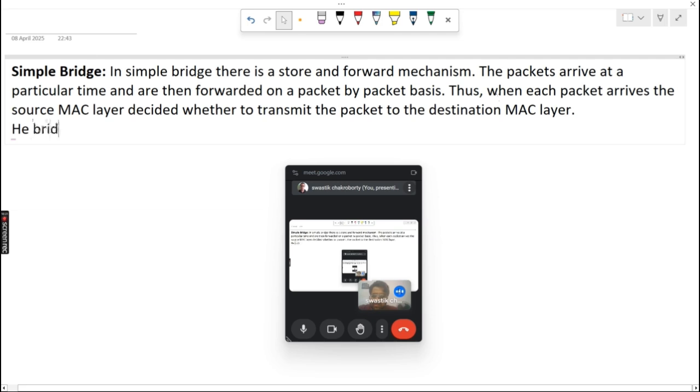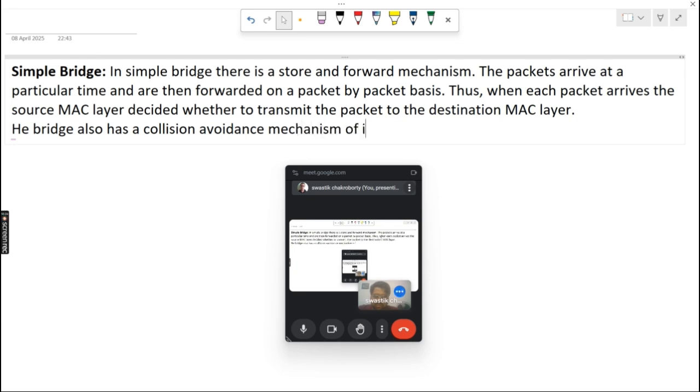The bridge also has a collision avoidance mechanism.